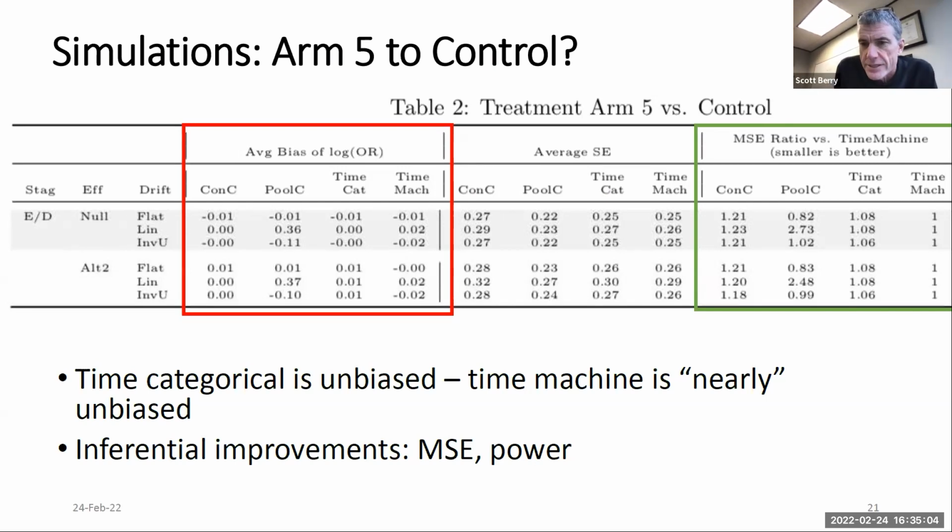First of all, the bias. The time categorical, where you model time as a fixed effect, is going to be unbiased under the assumption of additive effects, as is concurrent controls. With the smoothing, you can get small biases, but it's essentially unbiased. In our model, we use this model in a half dozen to a dozen platform trials.